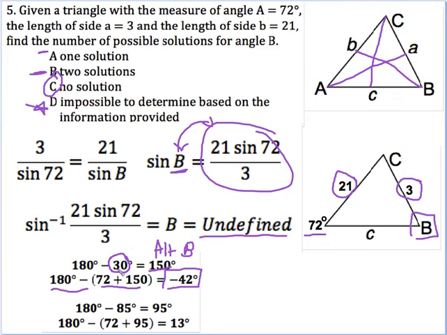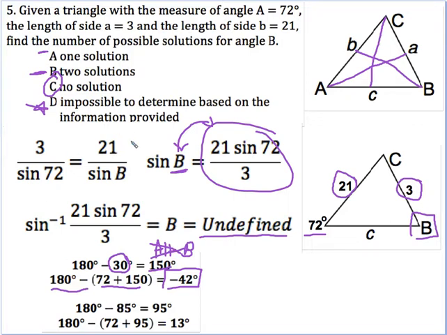So if for any reason on your final answer up here you did all the math and, I am changing the numbers, but you plug everything in correctly and you get 30 degrees and you take that away from 180 and you end up with a negative number. Okay, that means that you cannot have the alternative angle, so you only have one solution.